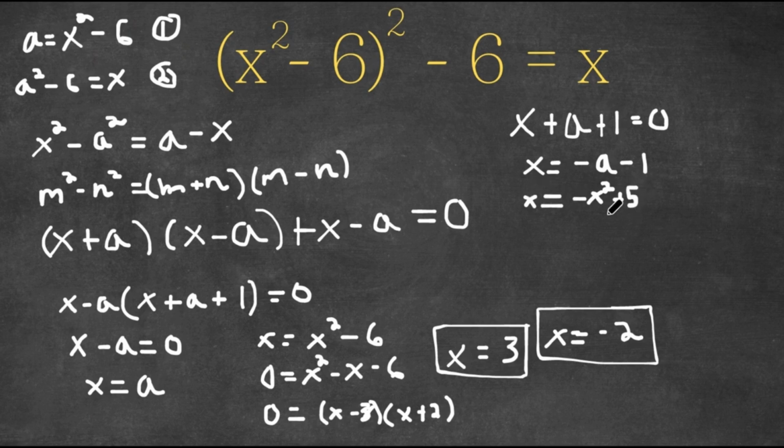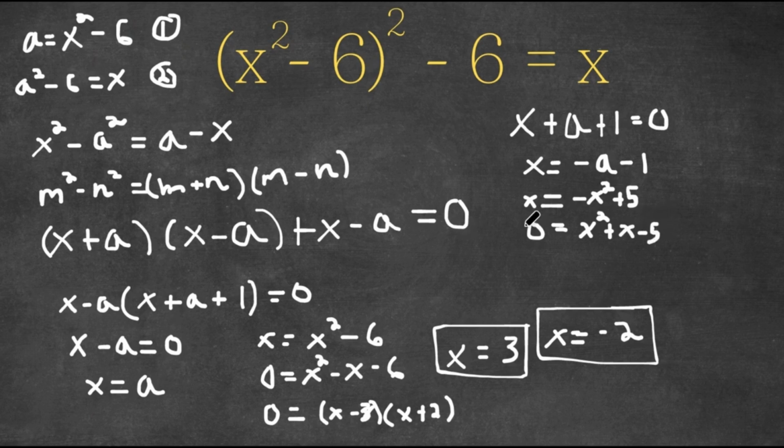Now if we subtract x on both sides, we get 0 is equal to x squared plus x minus 5.